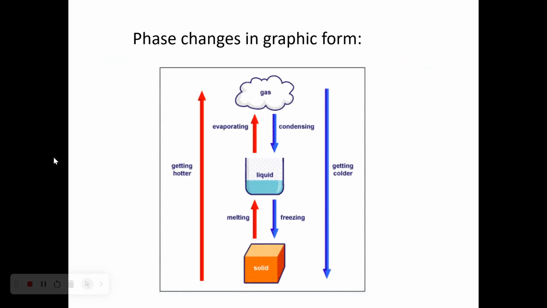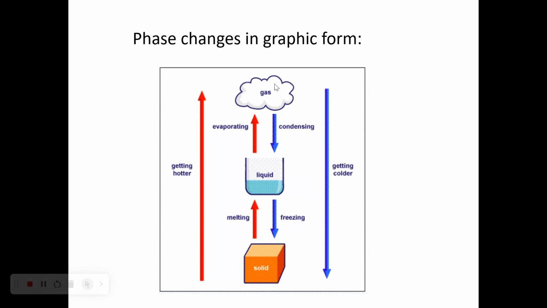And then you can also choose to use the graphic form to put in your notes. If you're going from solid straight up to gas, without going through the liquid form, straight solid to gas is called sublimation.